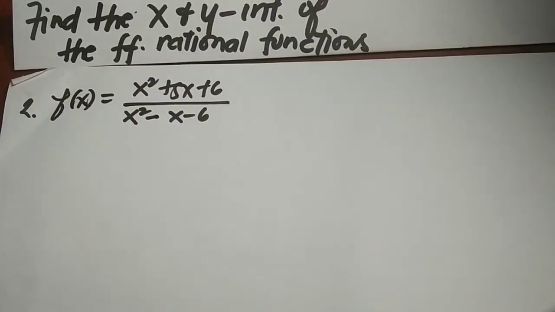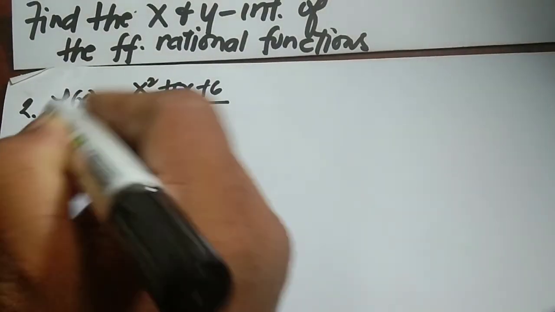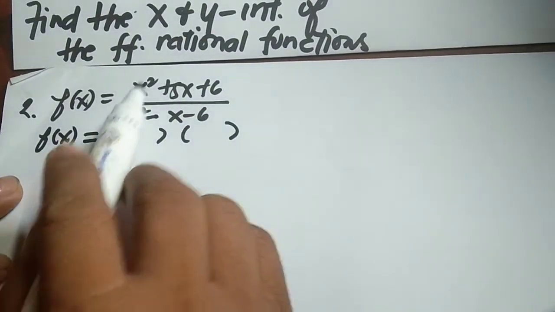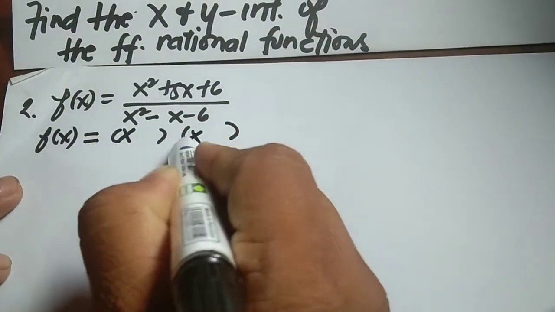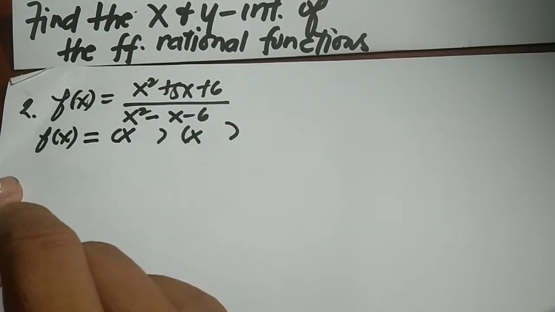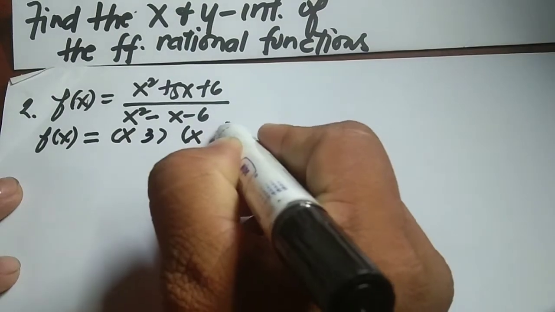Problem number 2. Find the x and y intercepts of f of x equals x squared plus 5x plus 6 over x squared minus x minus 6. We need to factor the numerator and denominator first. For x squared plus 5x plus 6, we need two numbers whose product is 6 and whose sum is 5, so 3 and positive 2.